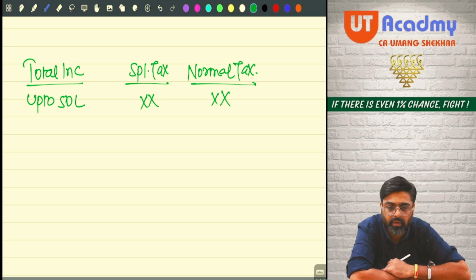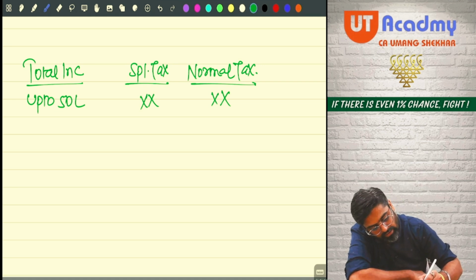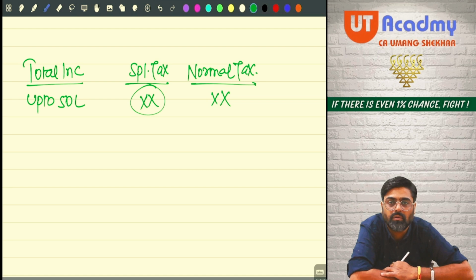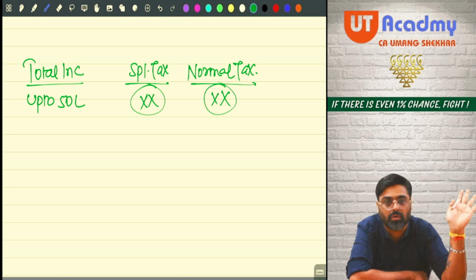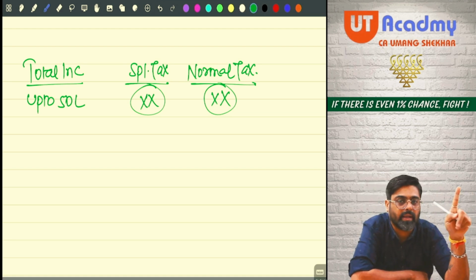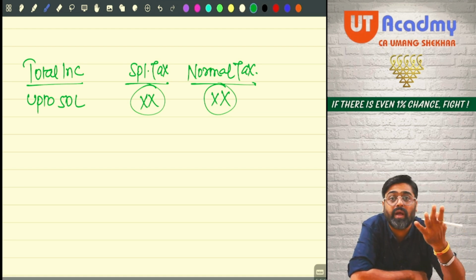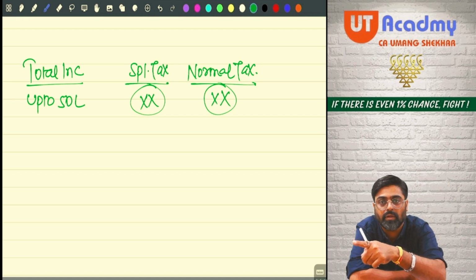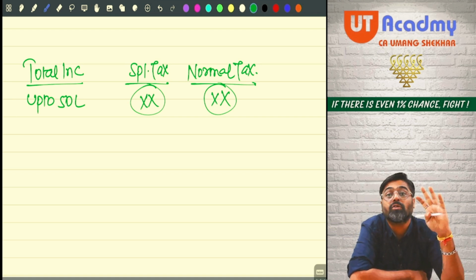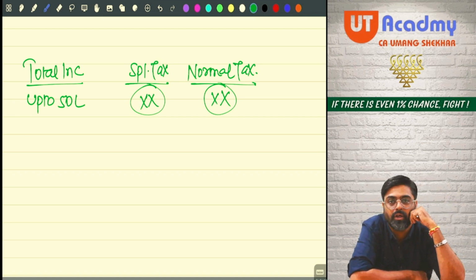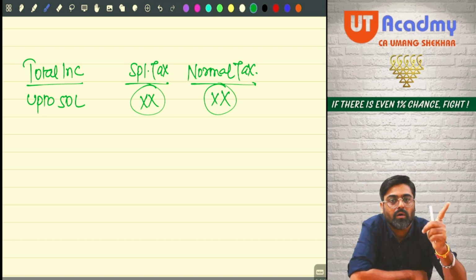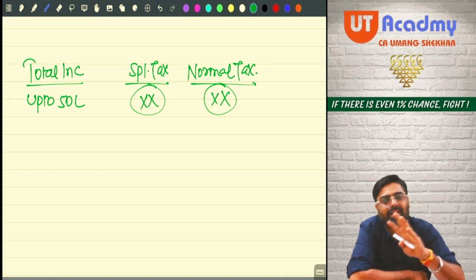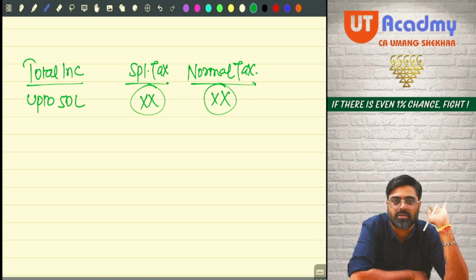Will you apply any surcharge on special tax? Will you apply any surcharge on normal tax? The answer is no. You just pay tax, no need to pay surcharge. Why? Because your total income does not exceed 50 lakhs. So if the total income is up to 50 lakhs, on special as well as normal, no tax will be liable for surcharge.